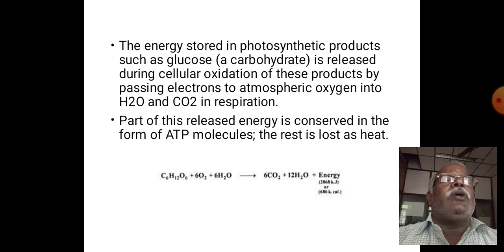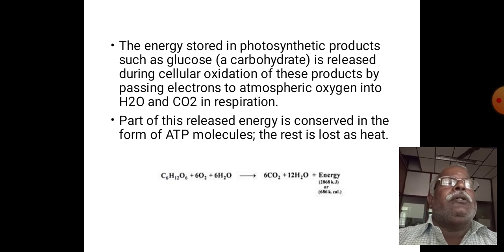From this energy, ATP is very important. ATP is adenosine triphosphate, which is called the energy currency. The energy is stored in the form of ATP molecules, and the remaining energy is lost as heat.